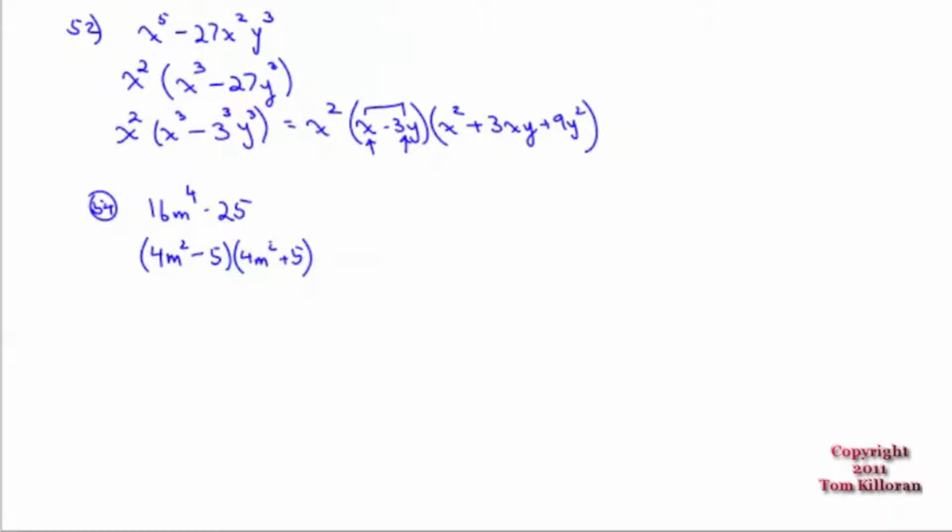But what if this number was 25? We got down here and it was 4m squared minus 25. Should we leave it? No, we need to break it apart as much as we can all the way through the problem. So don't quit until you come up with it's prime, it's prime, it's prime. Once you get down to them all prime, you're done.